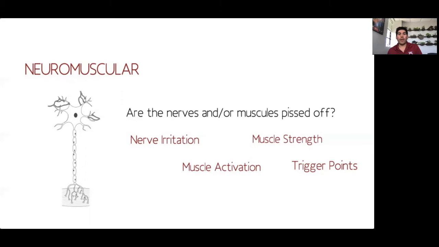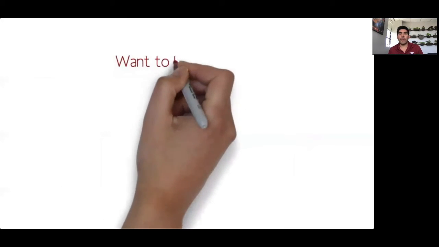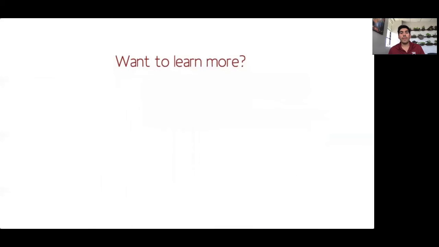Trigger points can cause nerve irritation. We want to make sure that all that is healthy and that the neuromuscular aspect is being addressed properly in order to prevent that pain from continuing to bother you. Oftentimes joint pain isn't inside the joint, it's just the muscles and nerves around it.